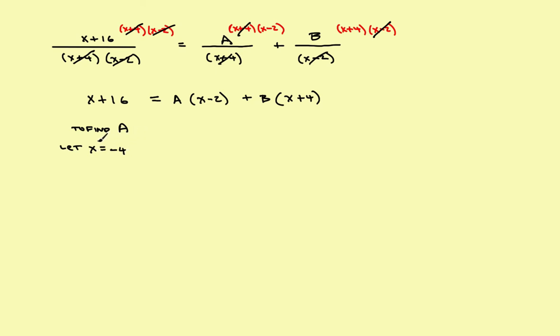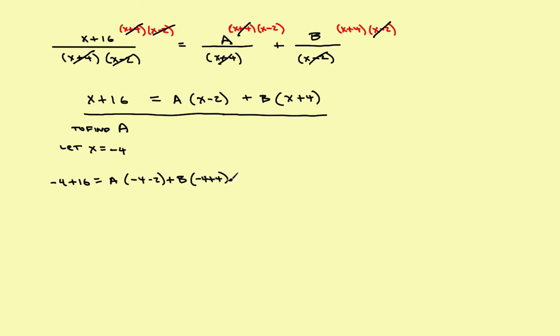Okay, now that you made that decision, look back at this equation, and in this whole thing, everywhere you've got an X, plug in -4. So that's going to give me -4 plus 16 is equal to A times -4 minus 2 plus B times -4 plus 4.